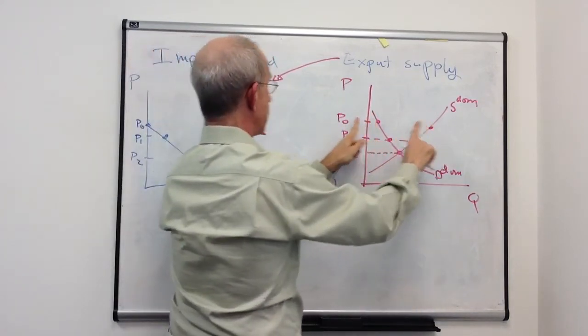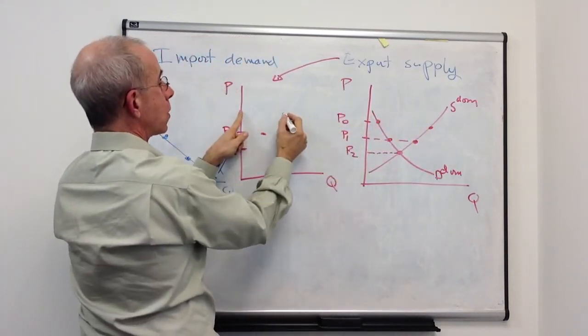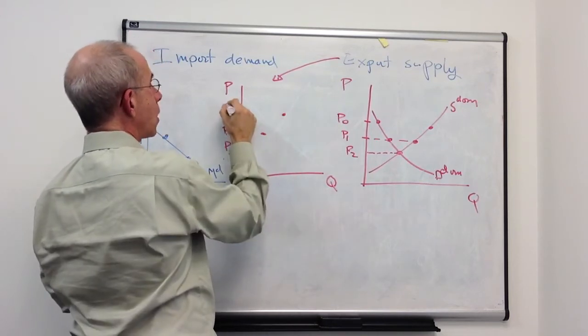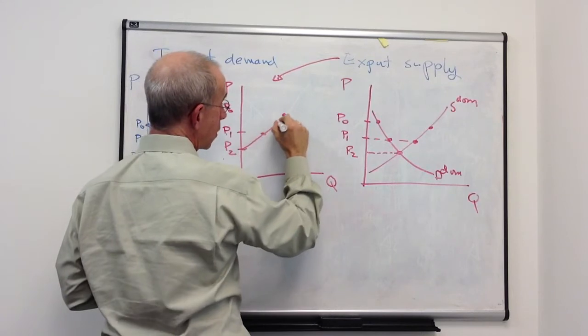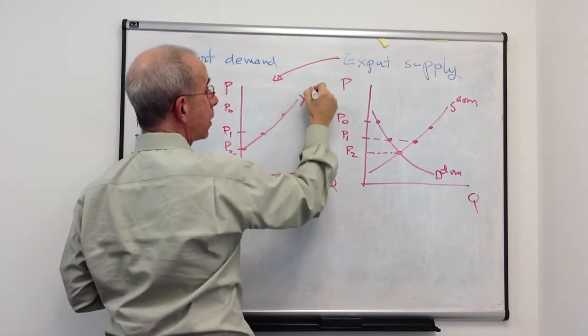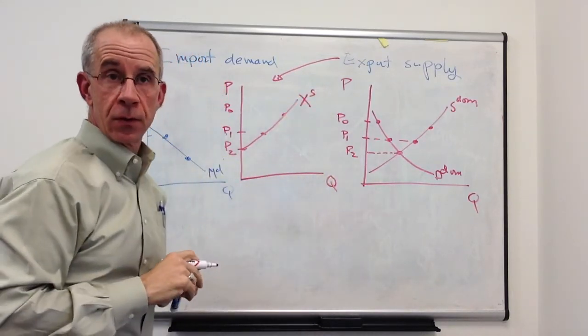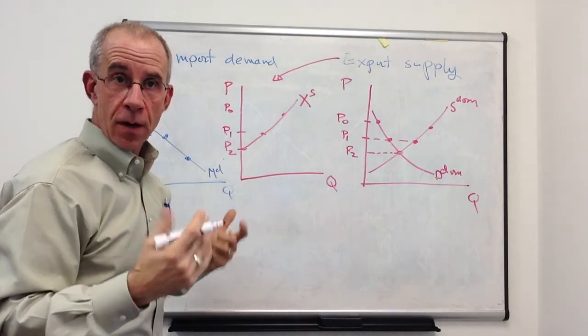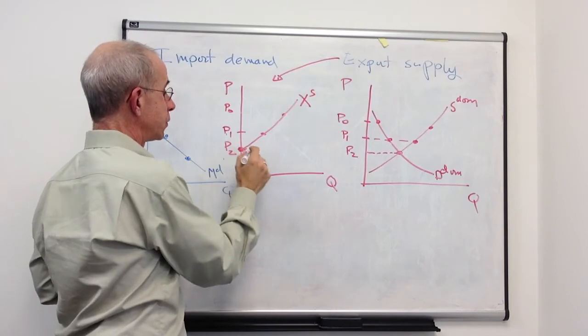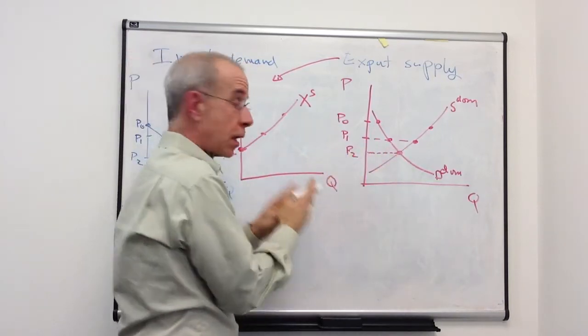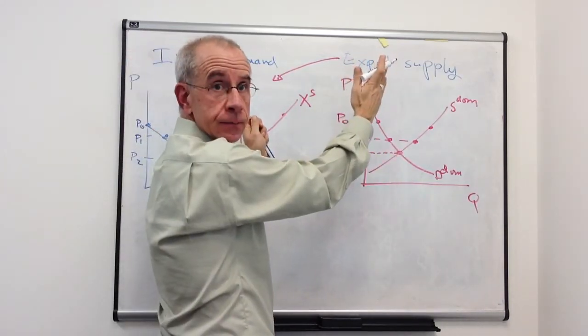At price P0, we've got that amount. And if you connect all of those amounts, those quantities, at all different possible prices, it's going to start at P2 and expand.